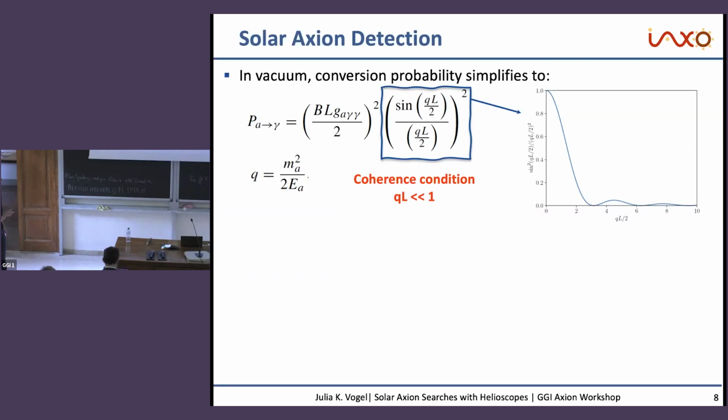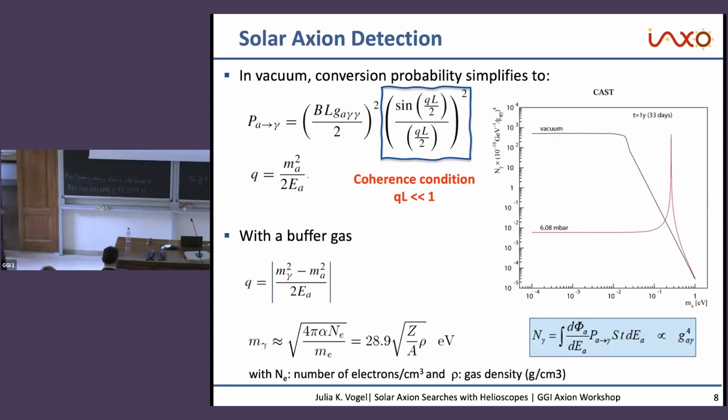And from this, we can see that we get mostly contributions if our factor QL/2 is less than about 1. So in an experiment, we have a given magnetic length for our magnetic field, but we have to keep Q small. In order to keep Q small, we're only sensitive up to a certain mass, and then we will lose coherence. In which case, we then have to switch to the next case.